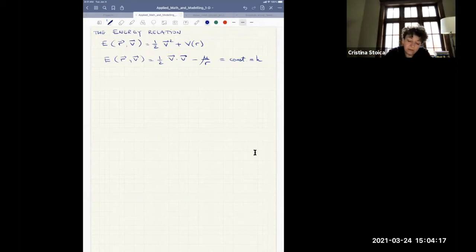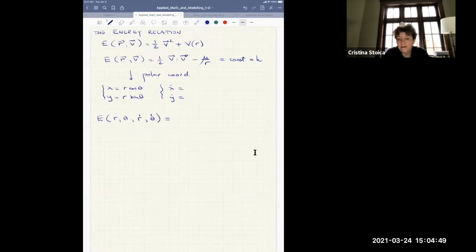So now we're going to go to polar coordinates. Again, x is r cos theta, y is r sine theta, x dot, y dot, and so on. And then we have this E of r, theta, r dot and theta dot, or V r and V theta.